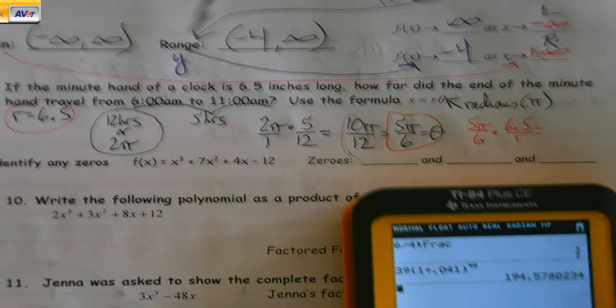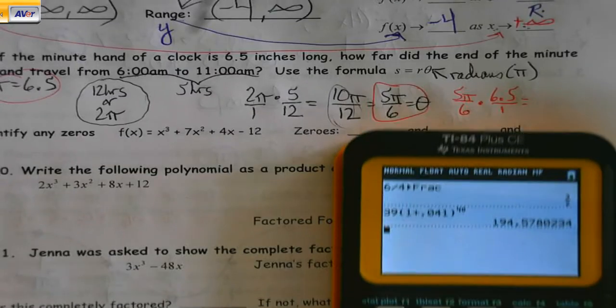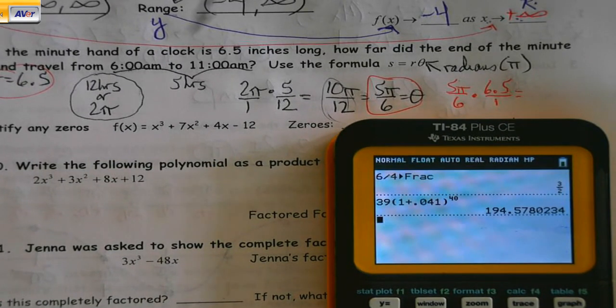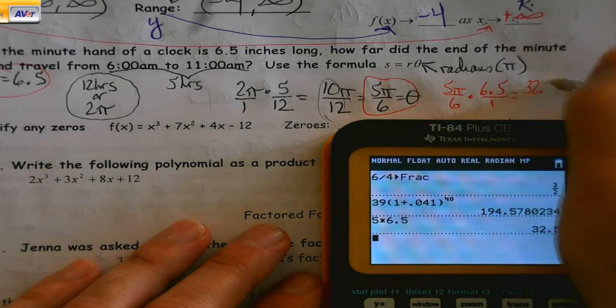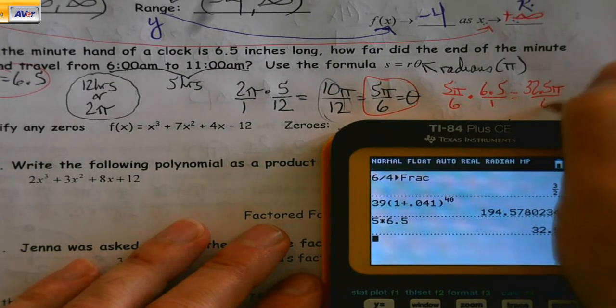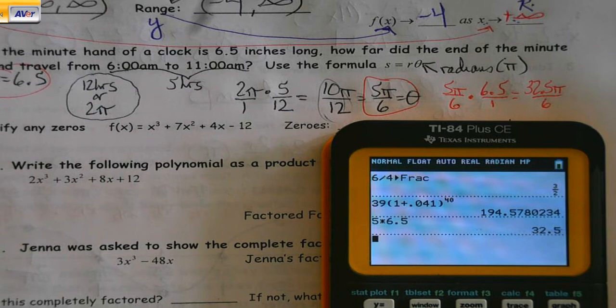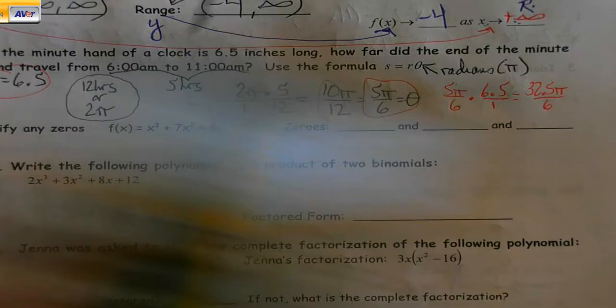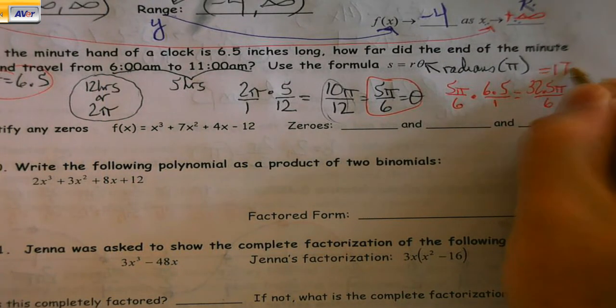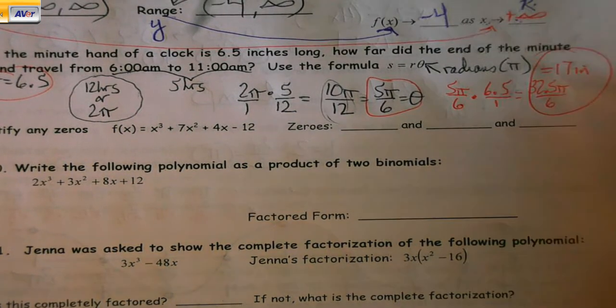Usually, since it's an application, we will include pi this time, but if you said, hey, 5 times 6.5 is 32.5 pi over 6, if you left it that way, I would take that. Because, I mean, it's still the right answer. But if you go decimally, 17, I'll take either.